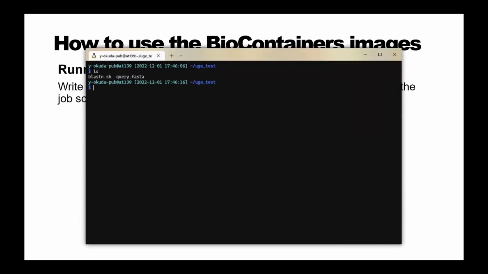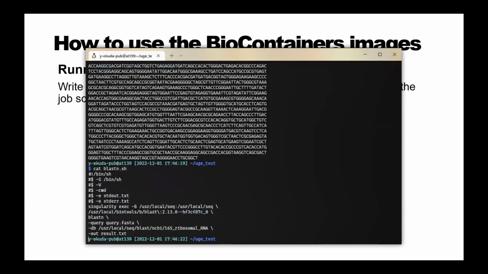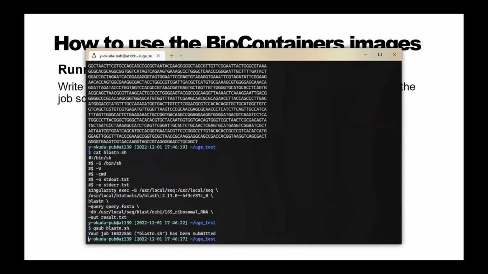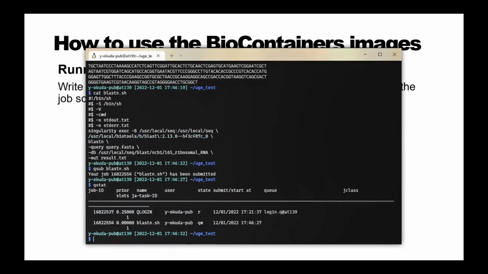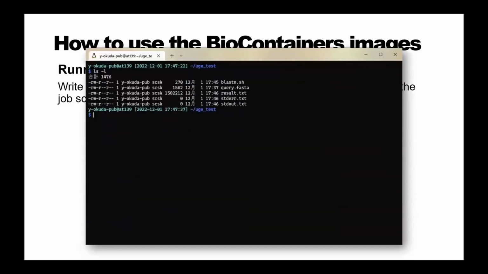Create a shell script with the contents shown here and register UGE's job with the qsub command. When the job finished, you can see the result text file in the current working directory as before.